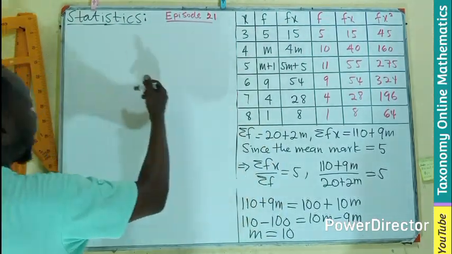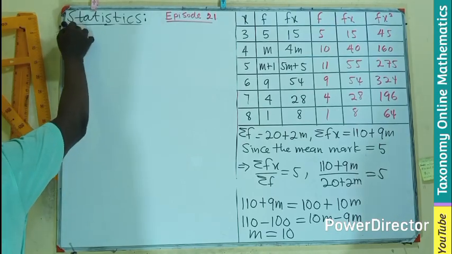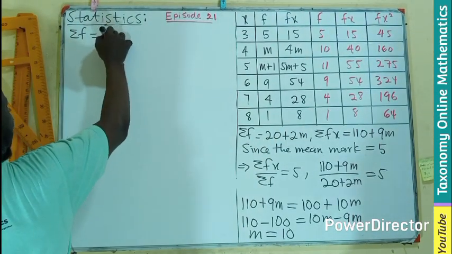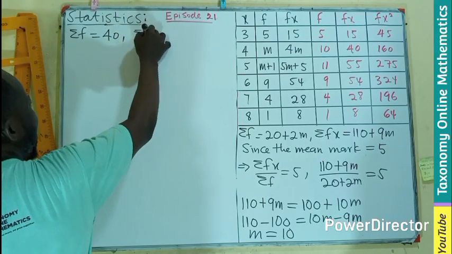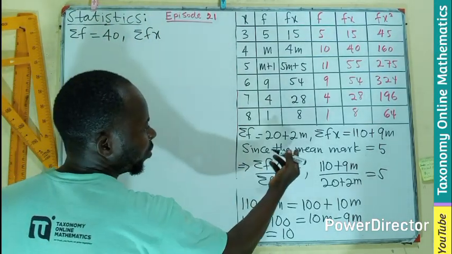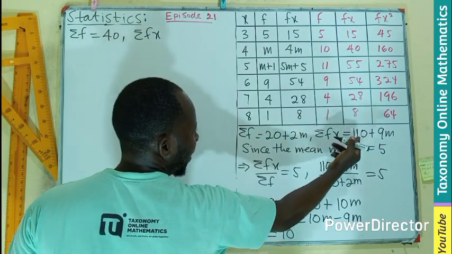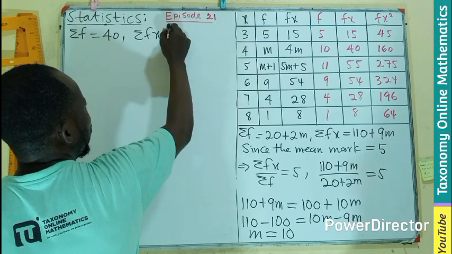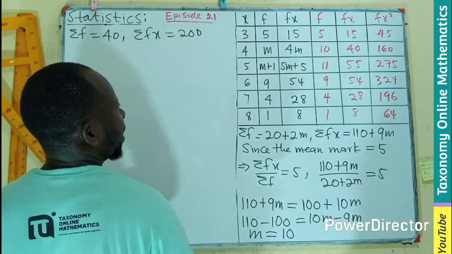So let's pick it from here and have our sigma f equal to 40, as I said in the beginning. Then sigma fx. Do we need a sigma fx? We don't, but let's see. This is going to be 10 here, 90, that will be 200, in case we need it.